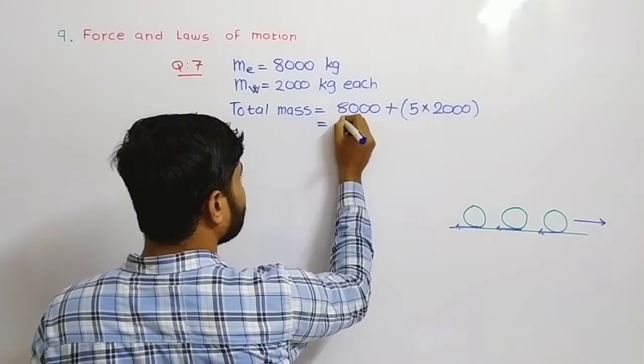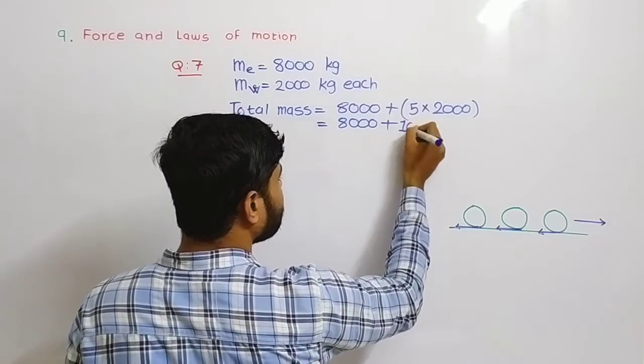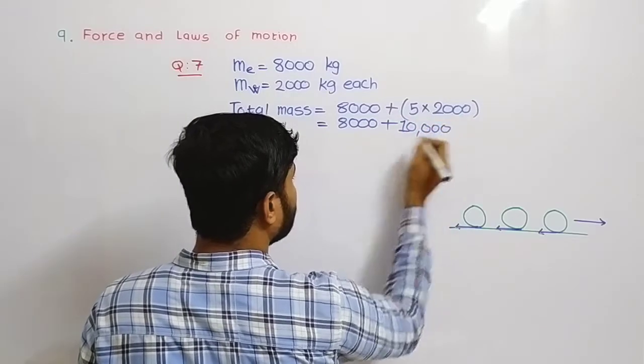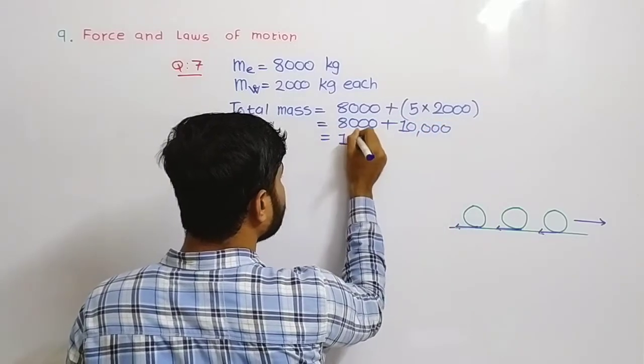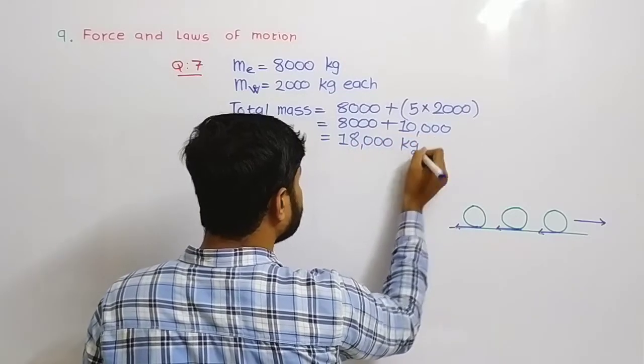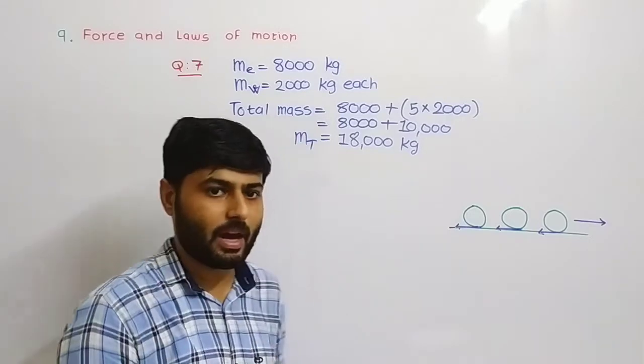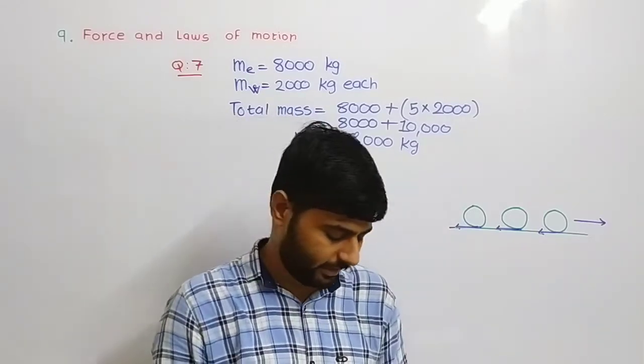So I have 8000 plus 10,000, that is 18,000 kg as total mass.